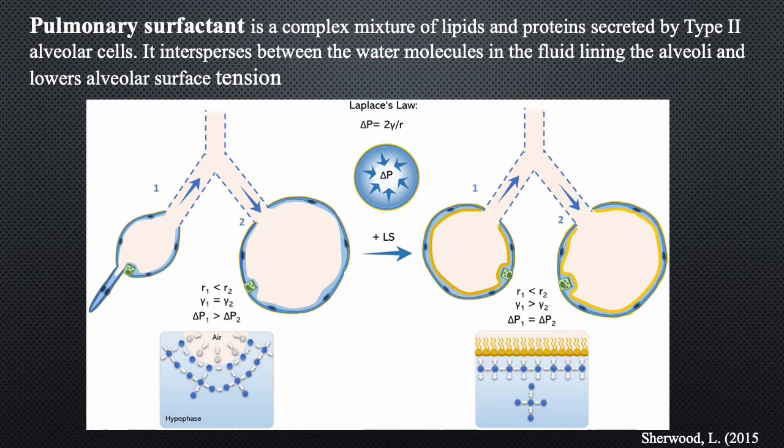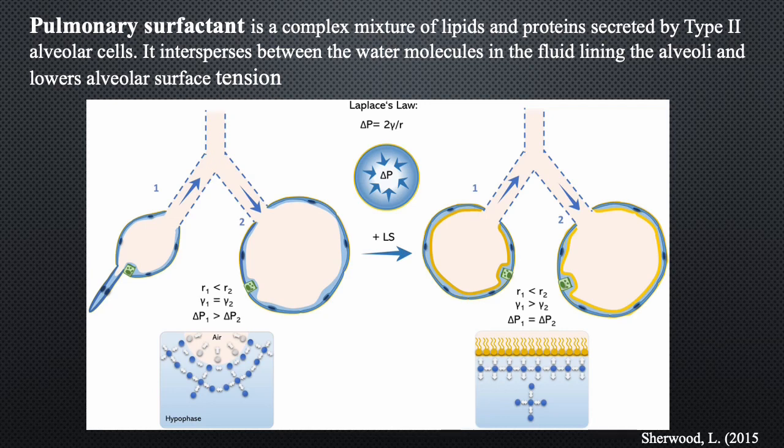The division of the lung into myriad tiny air sacs provides the advantage of tremendously increased surface area for exchange of oxygen and carbon dioxide, but it also presents the problem of maintaining the stability of all these alveoli.